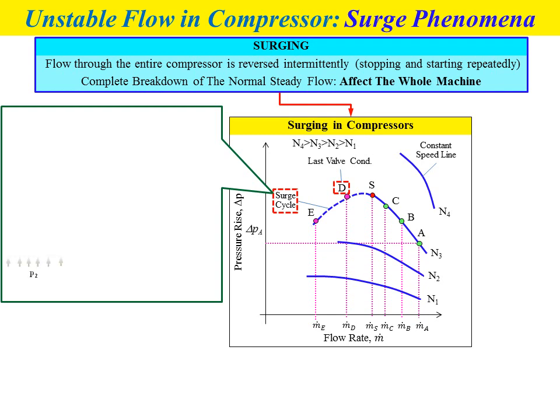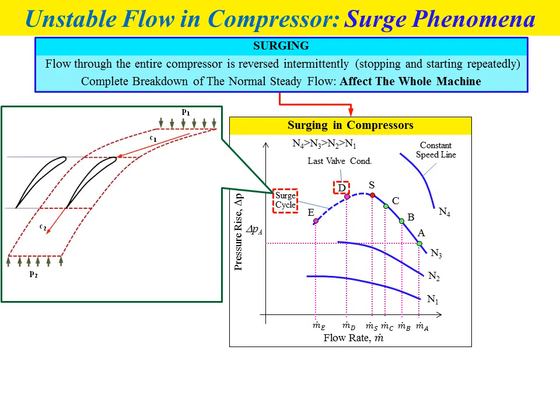For the surging phenomena, we already learned in the previous chapter, where this figure shows the arrangement of the compressor blade. We have pressure at the inlet P1, pressure at the outlet P2, and blade speed direction U. When the rotor of the compressor rotates, the fluid will enter the compressor and the pressure rise at the outlet will increase.